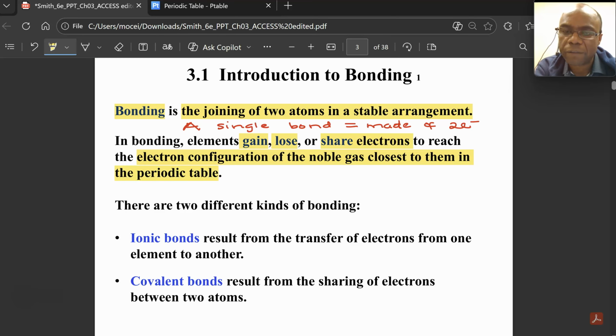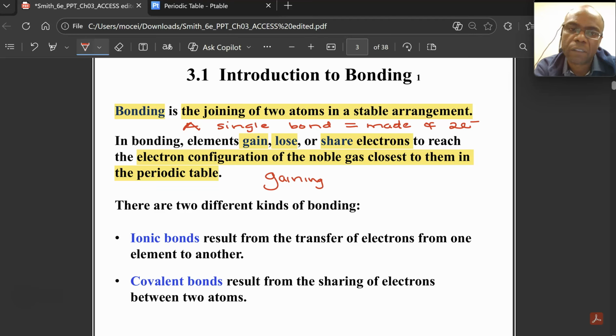We'll talk about that. So a chemical reaction happens where there's gaining of electrons, losing of electrons, or the sharing of electrons. When this happens, there are two different kinds of bonding.